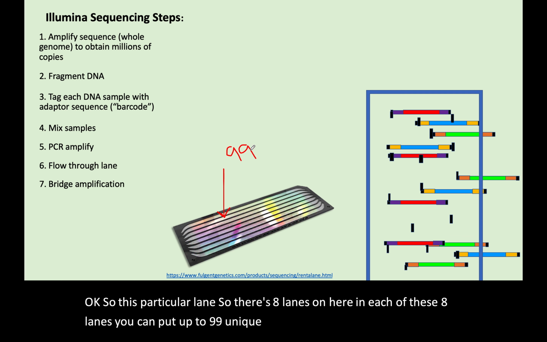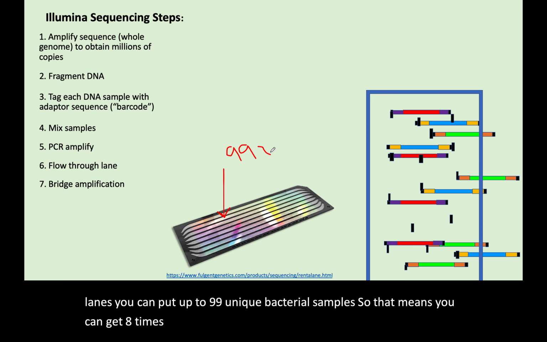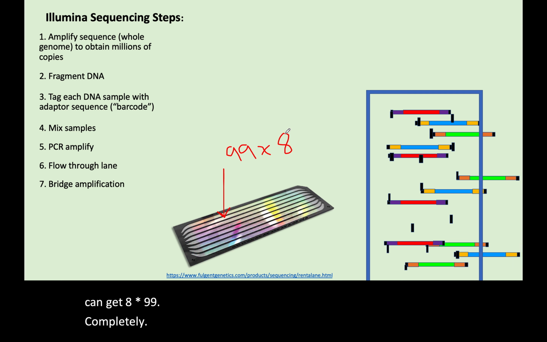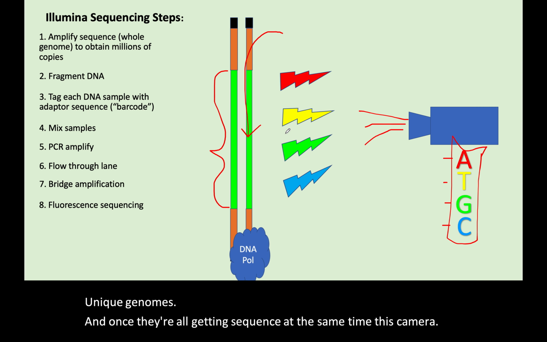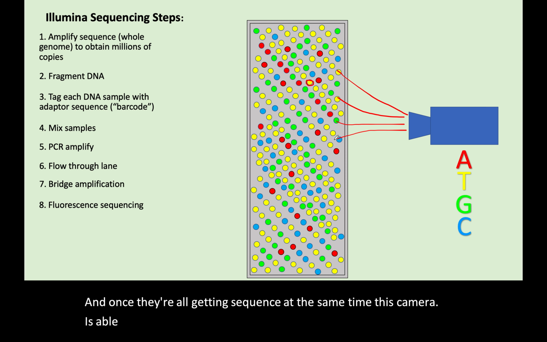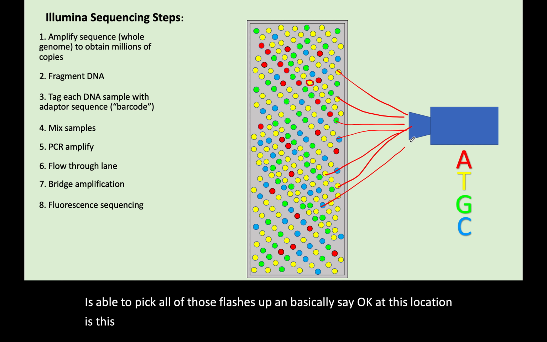So that means you can get 8 times 99 completely unique genomes. And once they're all getting sequenced at the same time, this camera is able to pick all of those flashes up and basically say, okay, at this location it's this sequence, at this location it's this sequence, at this location it's this sequence. And so it's very high tech.